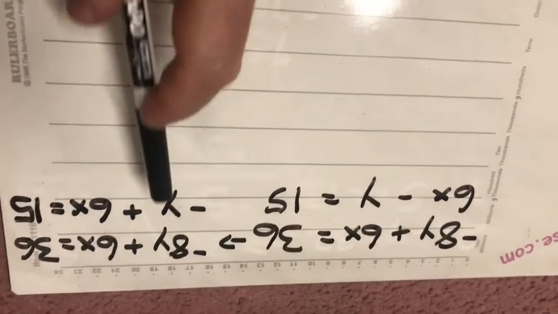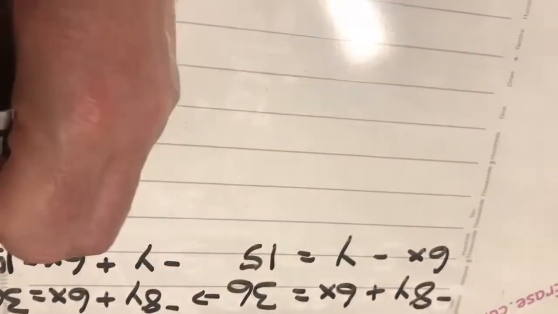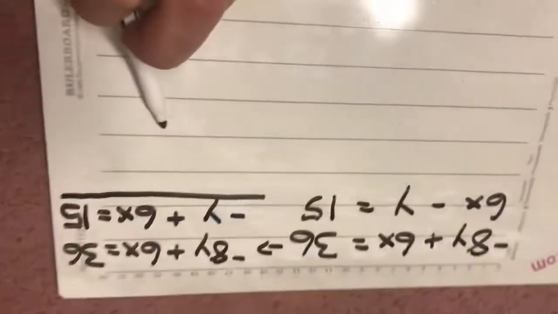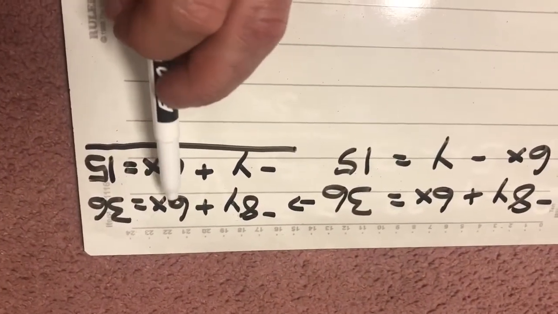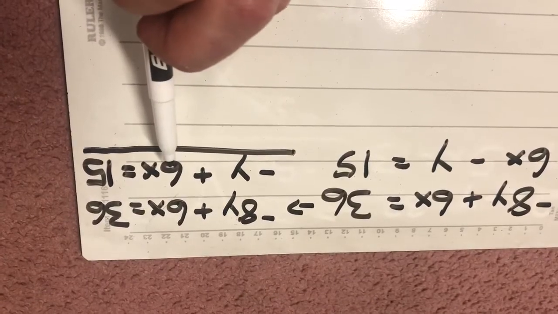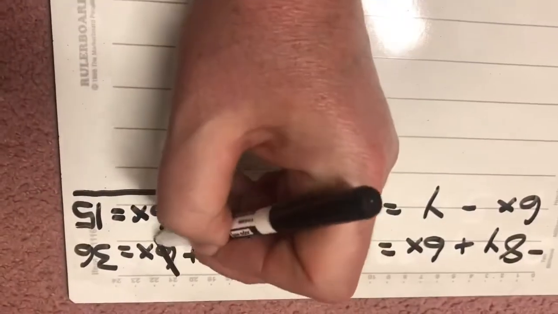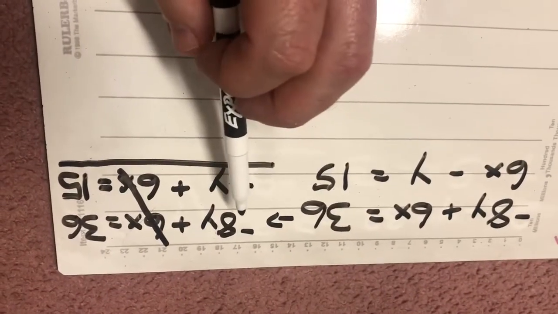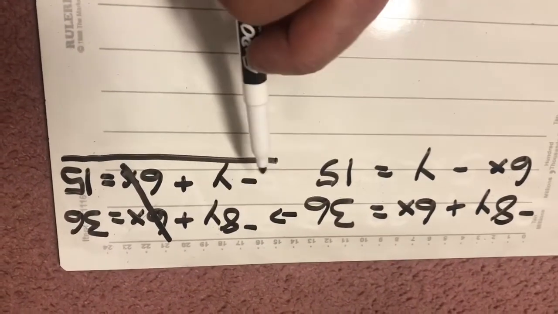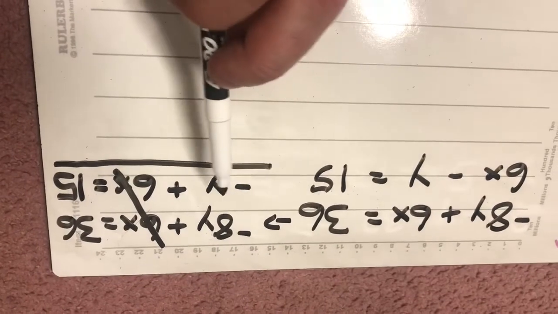Now, clearly what's going to cancel out is the 6x and the 6x, but we want to make sure that we're knowing whether that's addition or subtraction. Well, clearly that's going to be subtraction. Positive 6 minus positive 6 is 0. So we cancel that out to make that 0. So now I'm subtracting negative 8y minus a negative 1y.